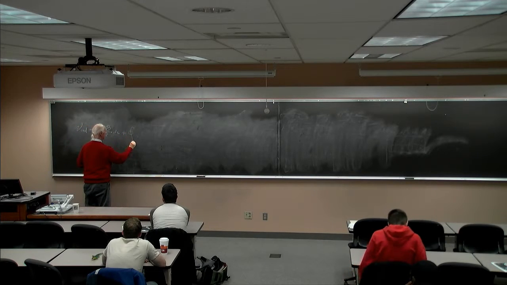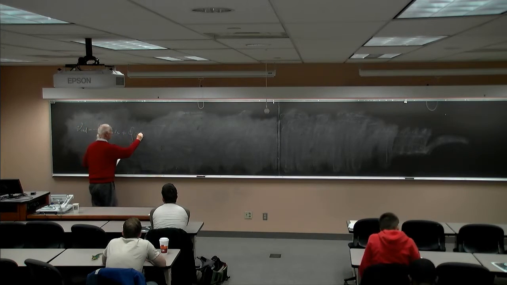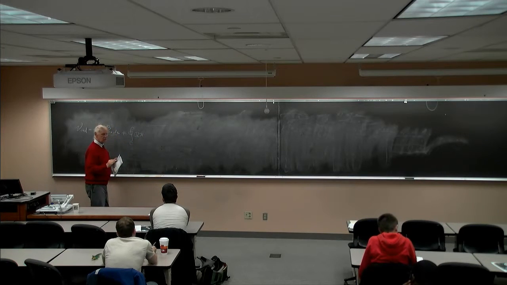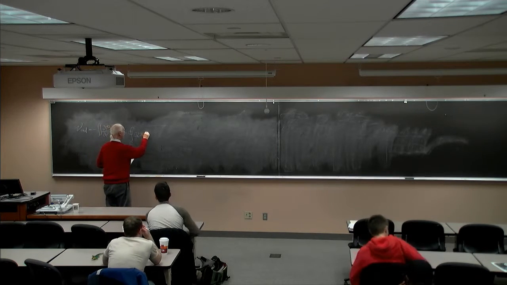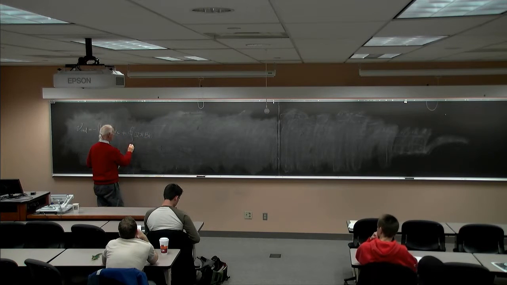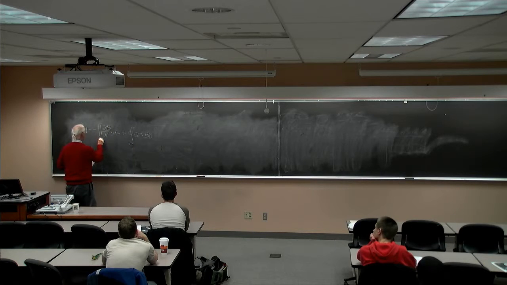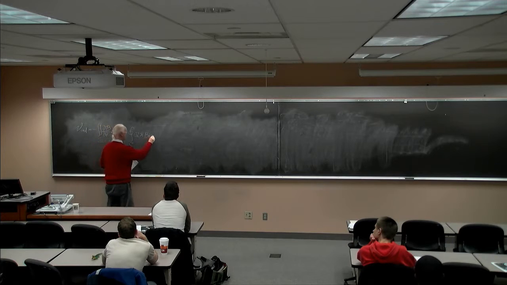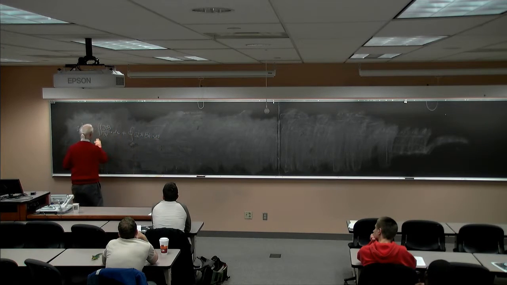You should recognize this as a Lorentz form of Faraday's law of induction. C could be a function of time. This S, C could be a function of time, and all that thing is dot dl. So let's just write it C, and let's write it S, C like that.